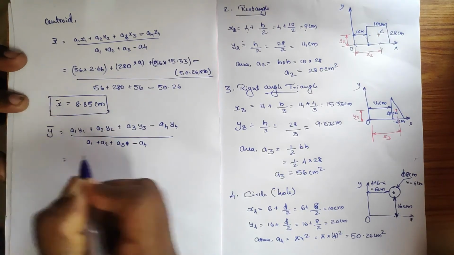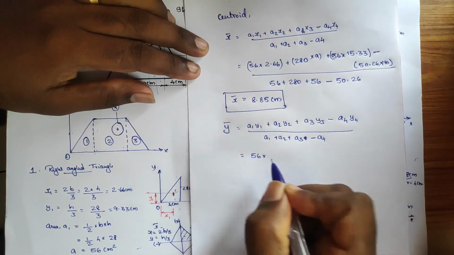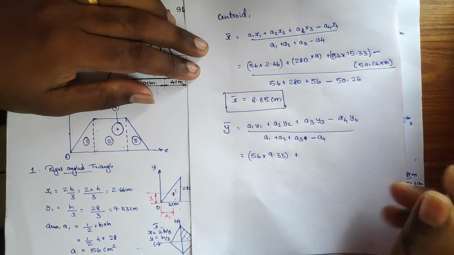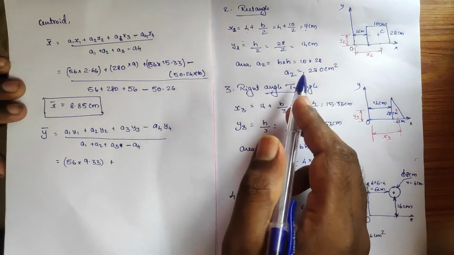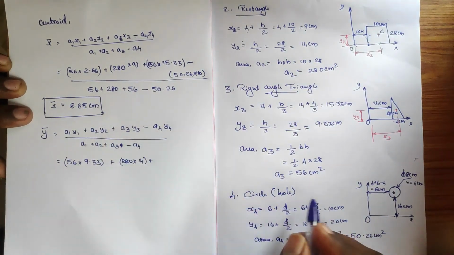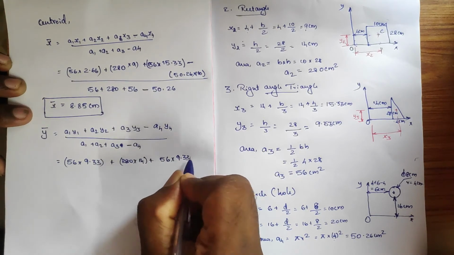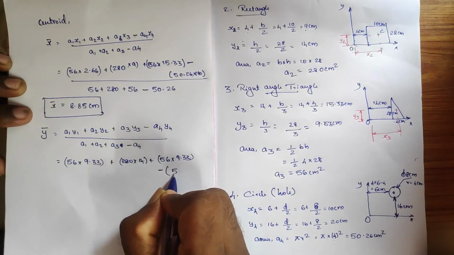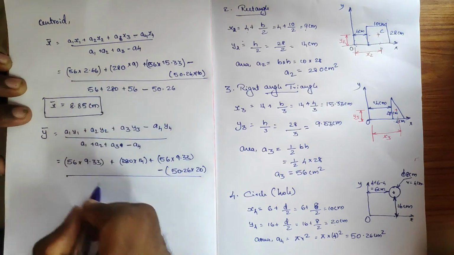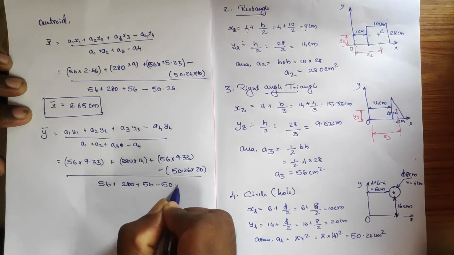Don't commit a mistake and just substitute all the things. a1 is 56 into y1 which is 9.33, okay, plus a2 here 280 into 14, plus 56 into y3 which is 9.33, okay, minus 50.26 into 20, divided by the same 56 plus 280 plus 56 minus 50.26.